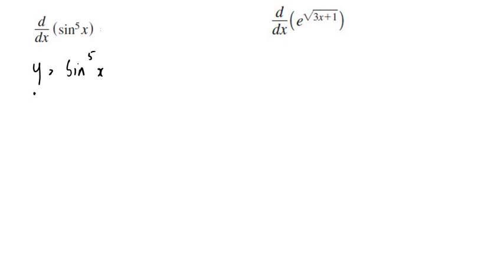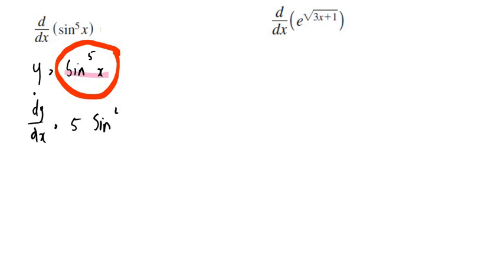So here we see that y is equal to sine to the power 5x, and we see that the baby function here is sin x, and the parent function or the mother function is the entire thing.